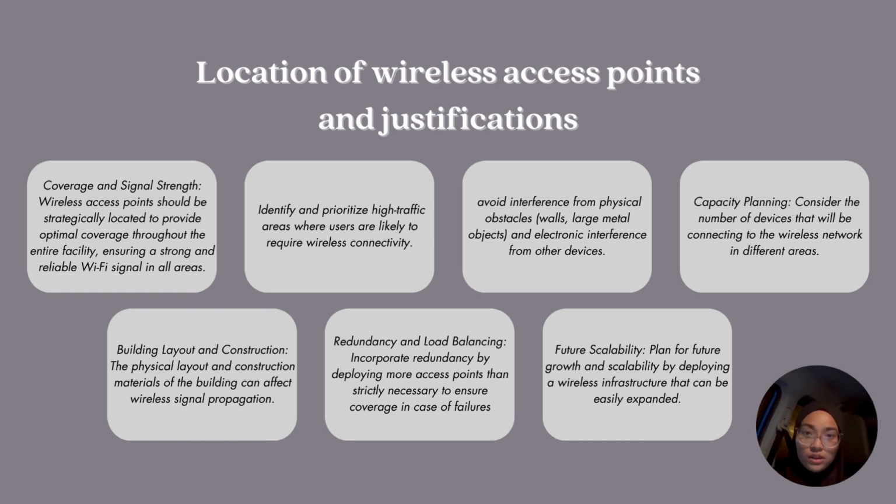Then, building layout and construction. The physical layout and construction materials of the building can affect wireless signal propagation. Adjust the placement of access points based on the building's characteristics to ensure the signal strength is sufficient and consistent.